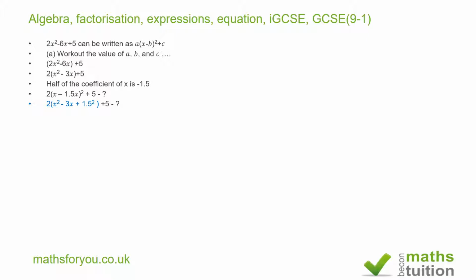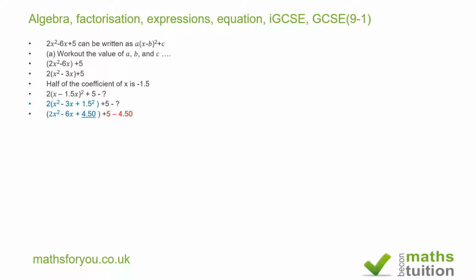Now, this 2 times 1.5 all squared is an extra value that we've put in there. So we need to subtract that extra value.